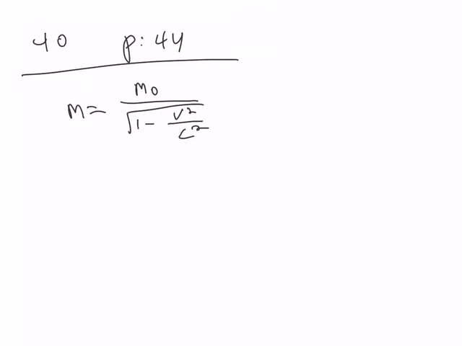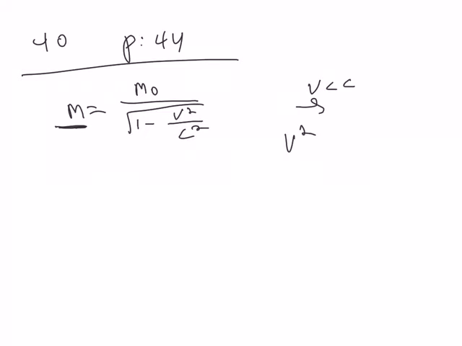Now we want to know what happens to the mass of the particle as v approaches c from the left. So v gets closer and closer to c from the left, but is not exactly c. It's a little less than c.